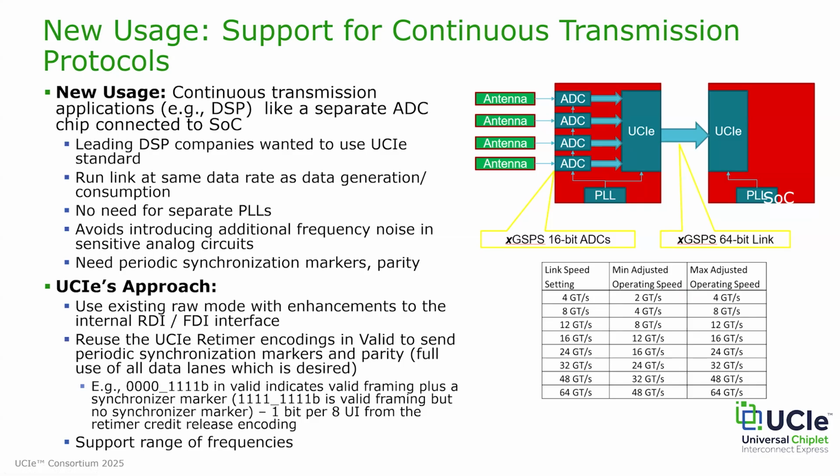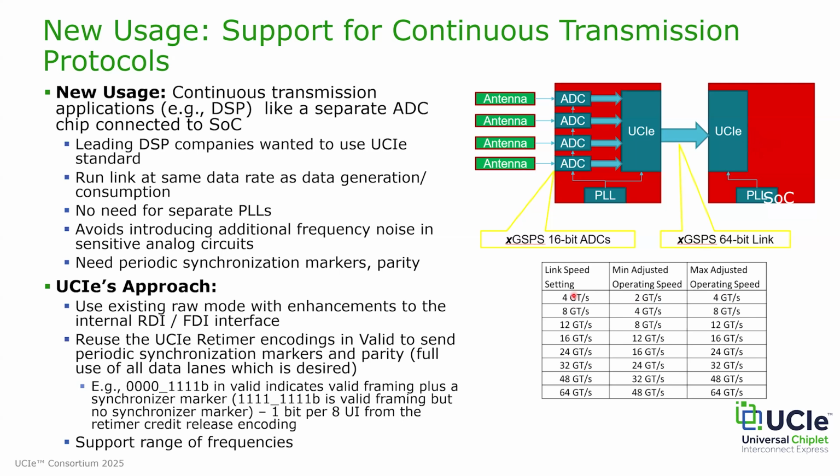So the intent was to let the left side work at the frequency that it likes to work, and not put a need for an additional PLL. Let the data come to the SoC side, and of course, the SoC will process it at whatever internal frequency it uses. It is going to have its own elastic buffer to do the clock domain crossing onto the other side. So, in order to do that, we said that there will be a range of frequencies that we will allow.